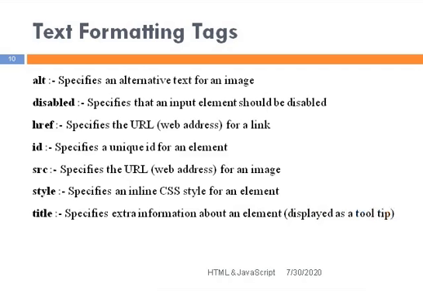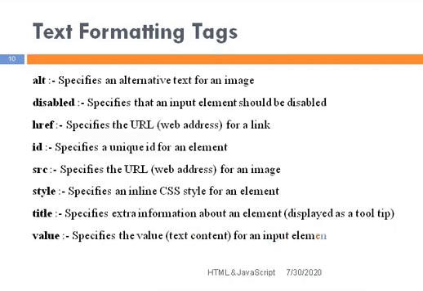So the title tag actually shows some extra information about your web page or an element. Now next one is the value tag. The value tag specifies the value text content for an input element. The value tag is mainly used to describe a value to an input element which is entered by user. Okay, so these are some of the text formatting tags.